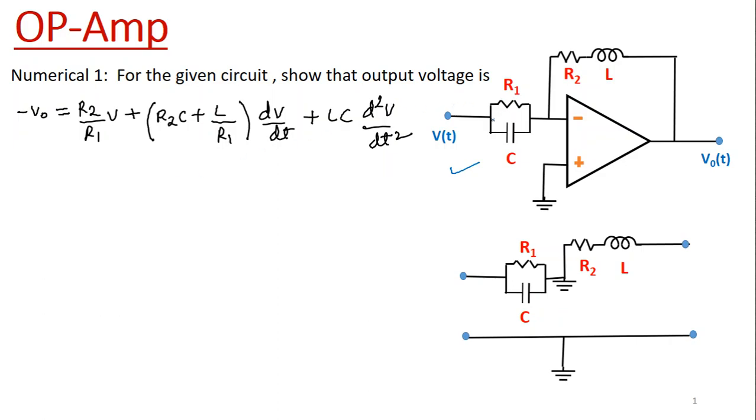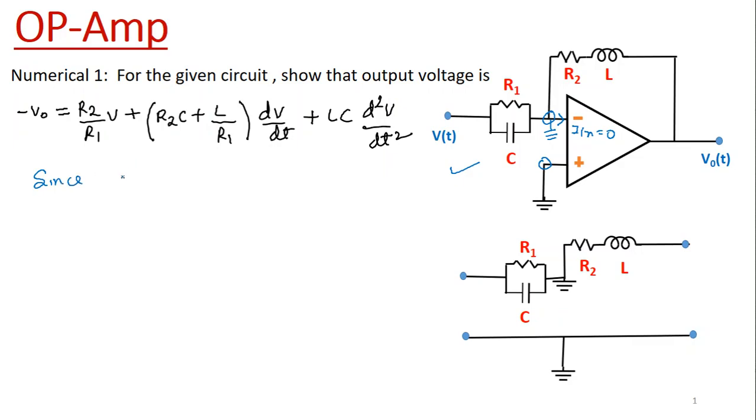So from the ideal operational amplifier concept, we know that in an ideal operational amplifier, if the non-inverting terminal is grounded, then the inverting terminal is virtually grounded. Since this is virtually grounded, the current into the terminals of the operational amplifier, that is the input current to the operational amplifier, will be equal to 0.